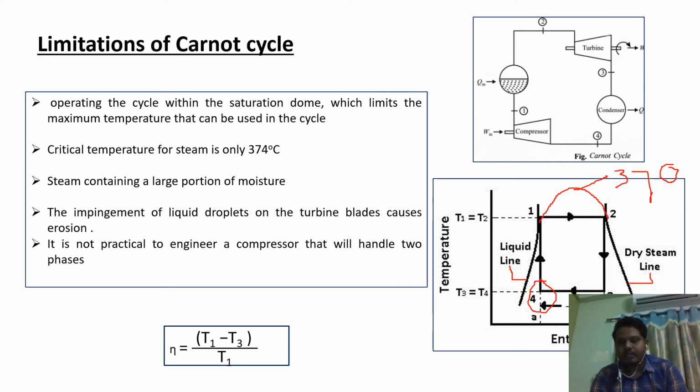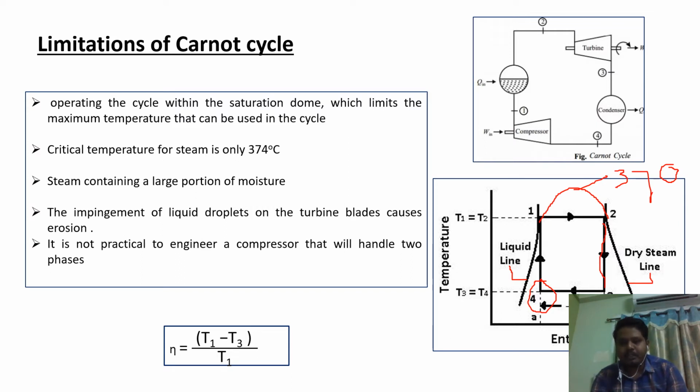The other thing is from 2 to 3. From 2 to 3, the steam is expanding through the turbine. During this expansion there will be more moisture. We know that water has a higher density compared with vapor. Because of this higher moisture, it will impinge on the turbine blades while passing through the turbine.